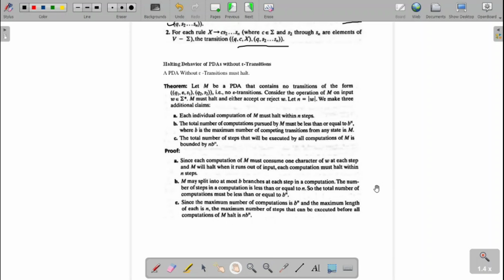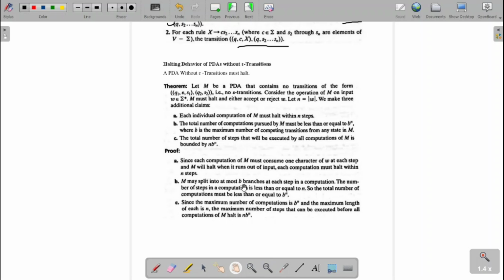Next, M may split into at most b branches at each step in a computation. The number of steps in a computation is less than or equal to n. So the total number of computations will be less than or equal to b power of n.